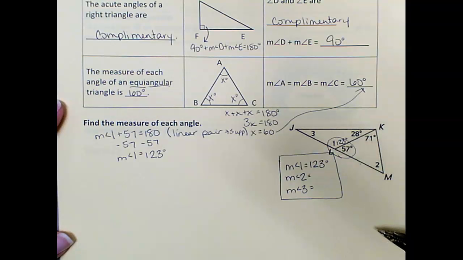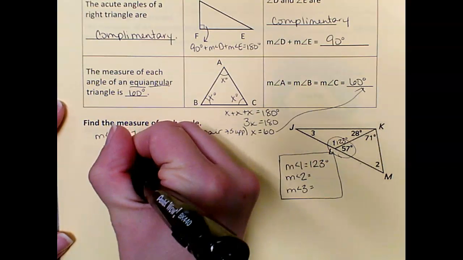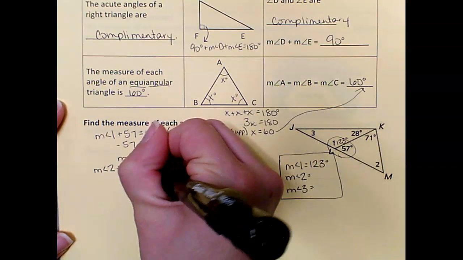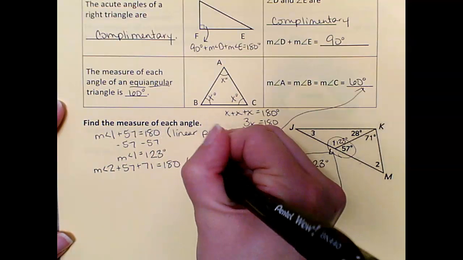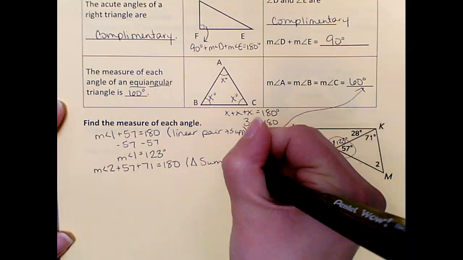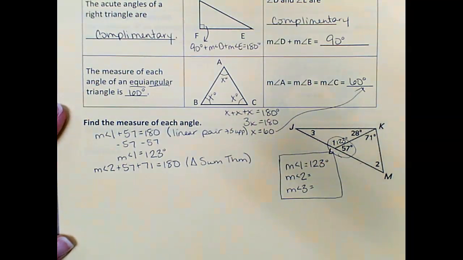So I can create another equation for my missing measure of angle 2. So the measure of angle 2 plus 57 plus 71 must equal 180 total degrees, and that's the Triangle Sum Theorem. That's our justification.